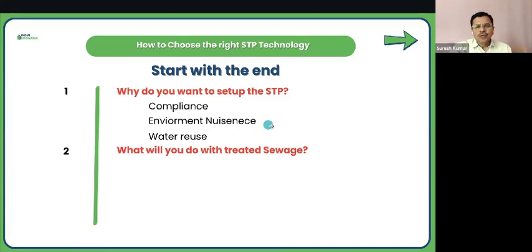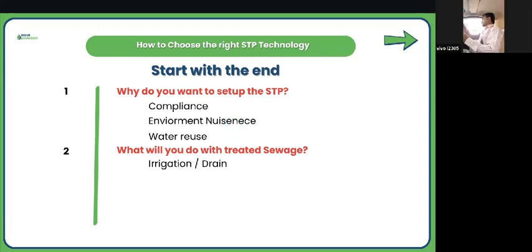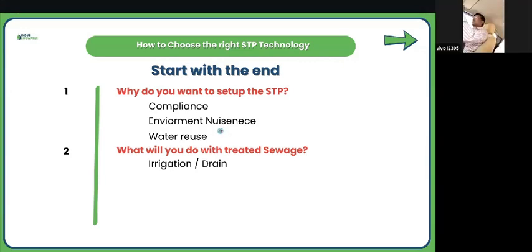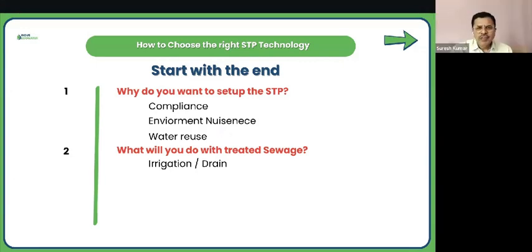Alright. Now, what will you do with STP treated water? What is this question? Sounds very interesting. So what are the options available? Either we can put the water into farming, that is irrigation or drains, or we can go for partial reuse like toilet flushing, or we can go for full reuse like we have done in one of these projects recently.